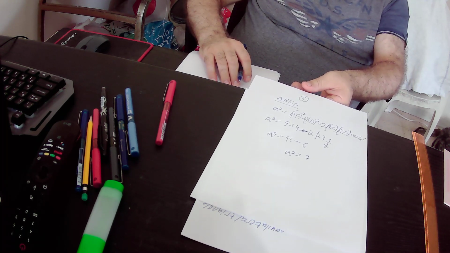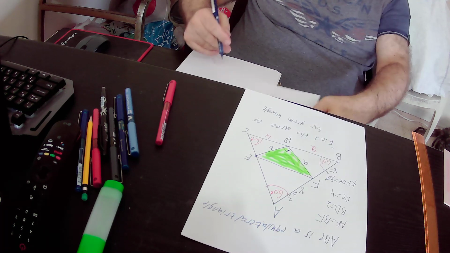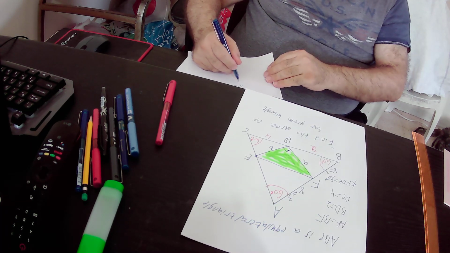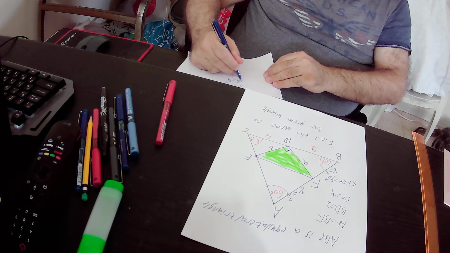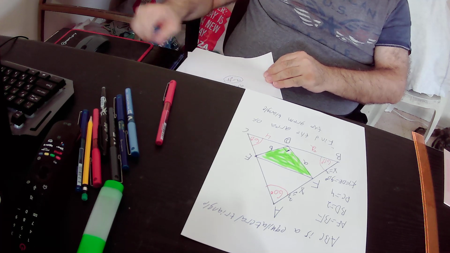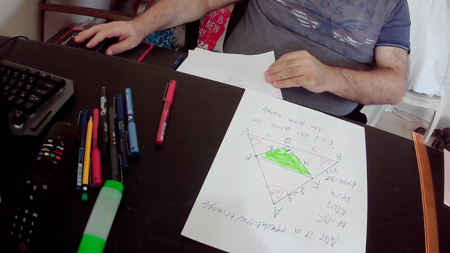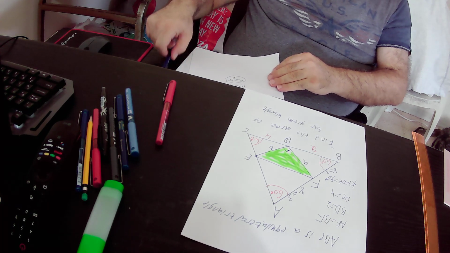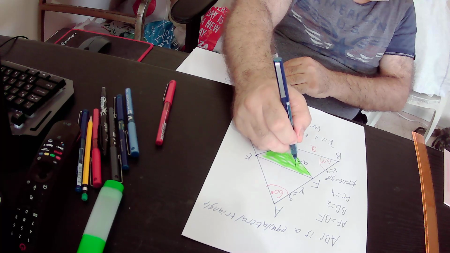We will take a root out of this equality and we will get that A equals the root of 7. So we found out the value of A. A equals the root of 7.